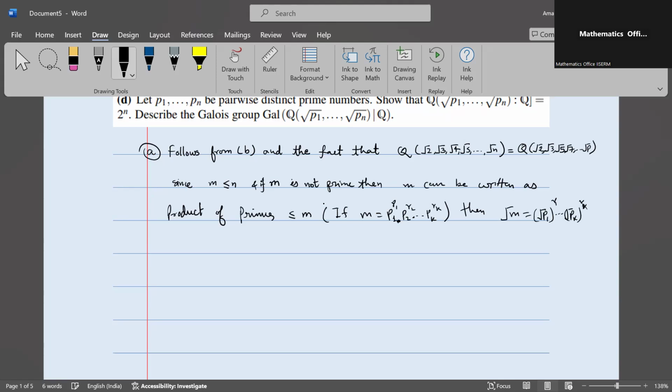So this is the argument that only primes are enough to define this field extension. Non-primes can be written in terms of primes.